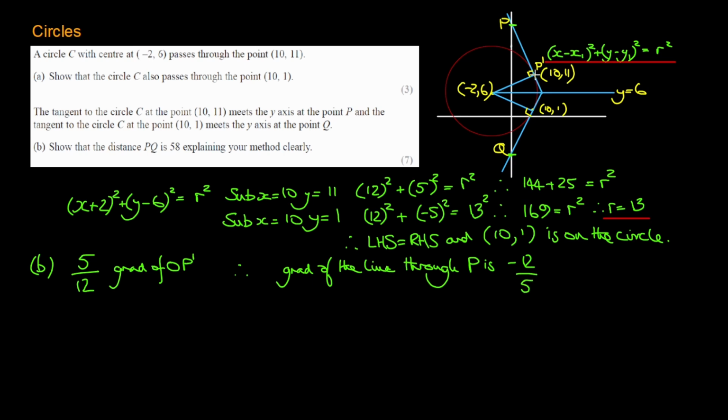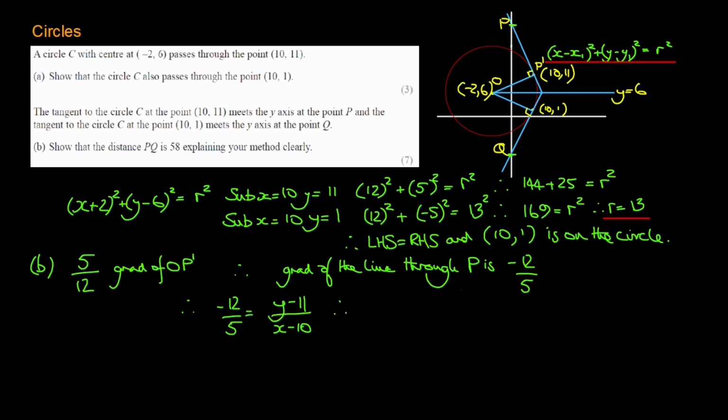And because we know a coordinate point on that line that goes through P, I can use those coordinates to find the equation of that line. So therefore, negative 12 over 5, which is the gradient, is equal to y minus the y coordinate, which is 11, divided by x minus the x coordinate, which is 10.